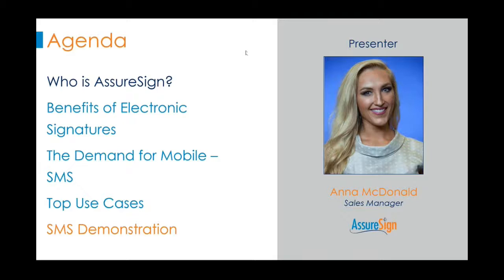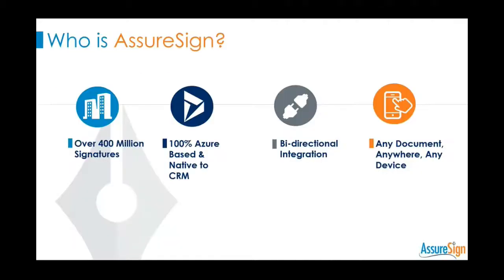And then move on to the demand for mobile, where it comes from and what it works best with, such as top use cases within industry and also in generations. And then last but not least, we will get it into action with an SMS demonstration right there within our home of Dynamics 365.